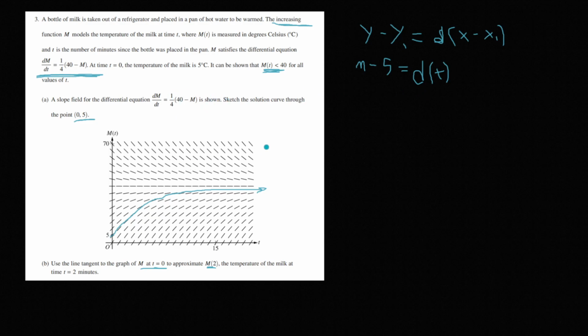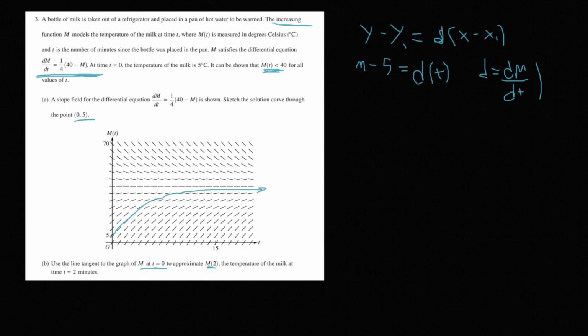Let's see here. So now we have that, and we know that the derivative, or the slope, is dm/dt. So d is equal to dm/dt, and we're going to do this at t equal to 0. This is a bit of a weird question.